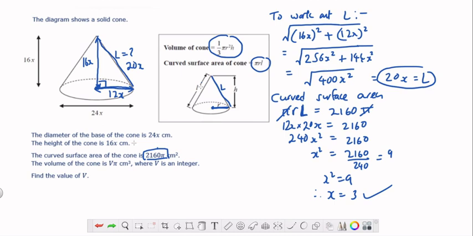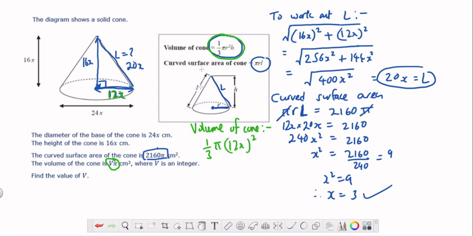What I'd like to do now is work out the volume of the cone. The volume of the cone is given here. They're saying it's v pi, but then there's a formula for working out the volume of a cone. So here we go then. We've got 1/3 multiplied by pi. Radius is here, look, 12x, but remember, we're squaring it in the formula.